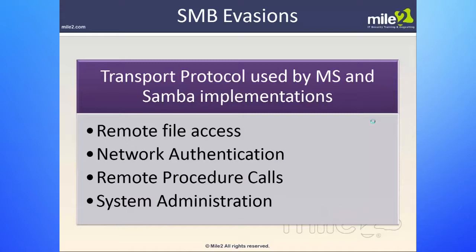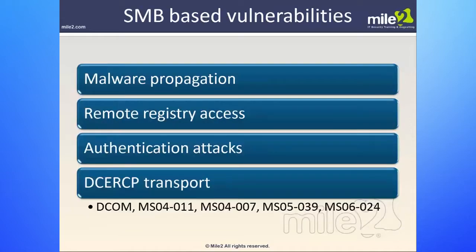And of course, your RPCs, your remote procedure calls, and system administration can also be done on the evasion side. Now, we also have vulnerabilities, which basically allow for malware propagation. It also, interestingly enough, goes into remote registry access as well, which is kind of an interesting concept.